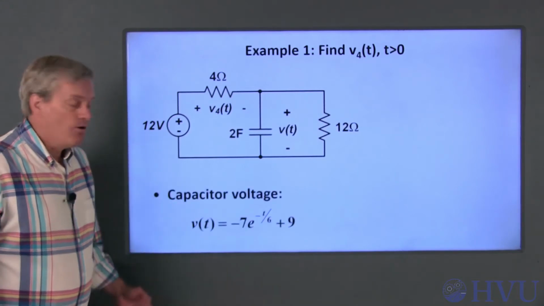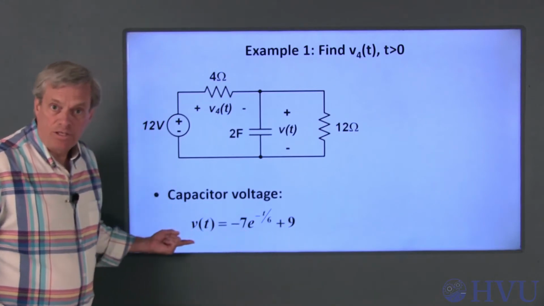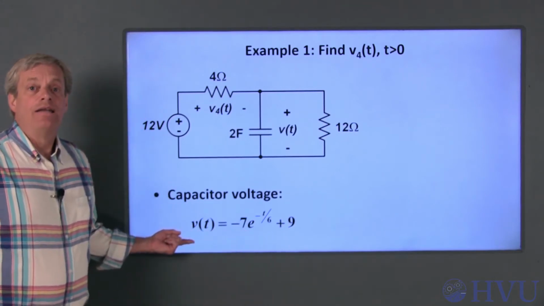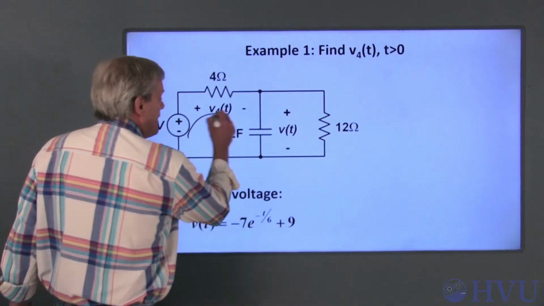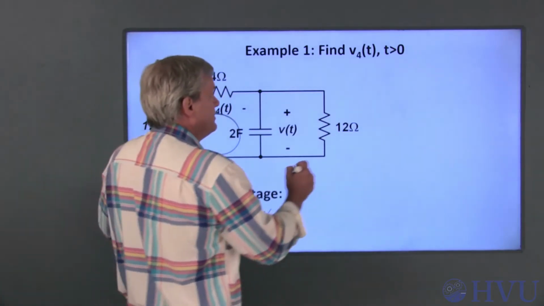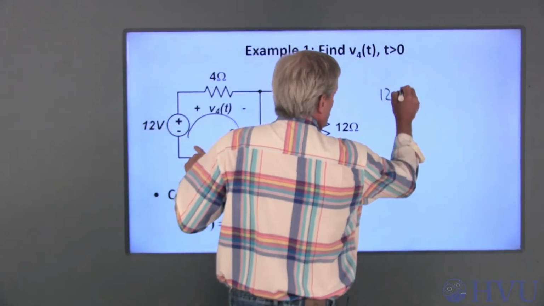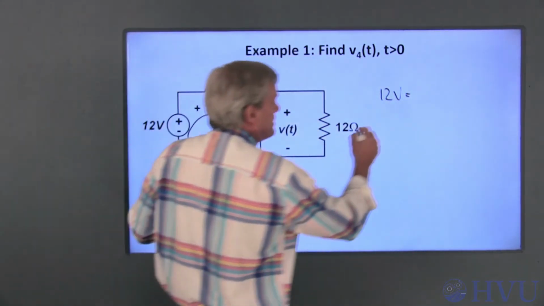In my previous video, I found that this was the capacitor voltage for time greater than 0. Now I'll use that information to determine the voltage V4. If I do KVL around this loop, I get 12 volts is equal to V4 plus v(t).